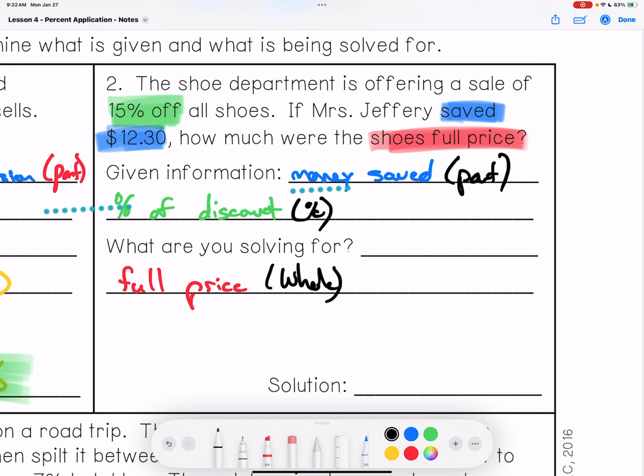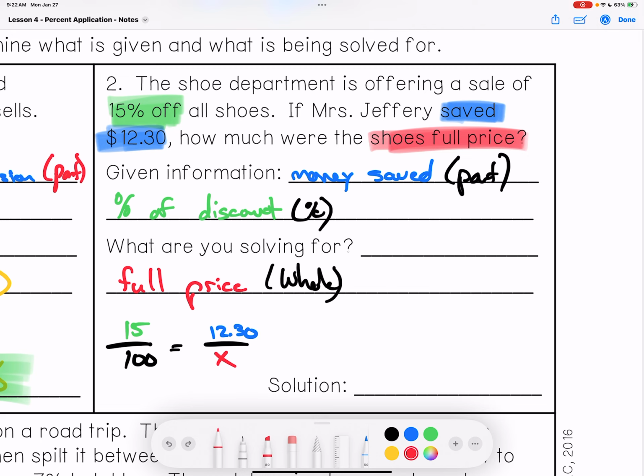All right, so we go down here and we make our equation. The part is the money saved, which was $12.30. We don't know the whole, so X goes there. And then percent is always over 100. Now, if you like doing it the method we were doing earlier and going from 12 to 15, or going this way, 15 divided by 12.30, and whatever that number is, divide that by 100, you could do that.